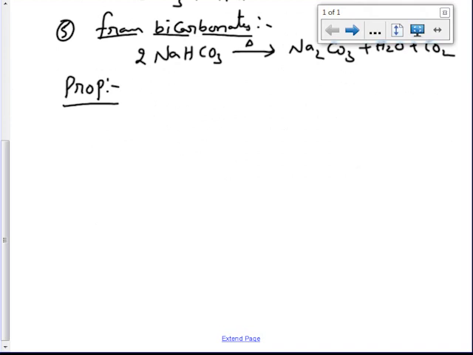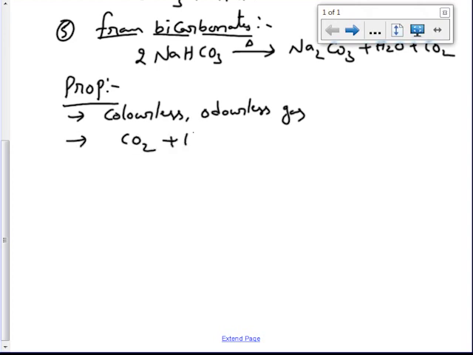So already we know it is a colorless, odorless gas, and it is soluble in water, so it can give carbonic acid, H2CO3.